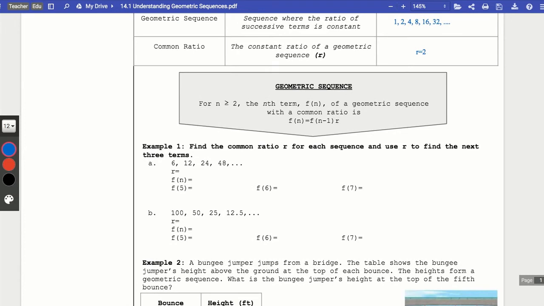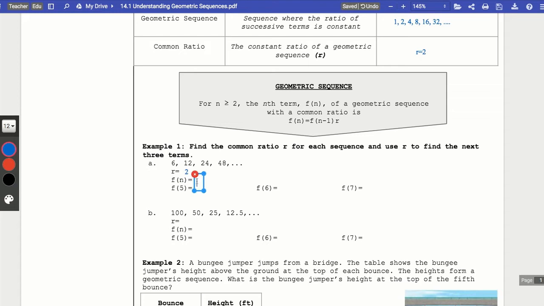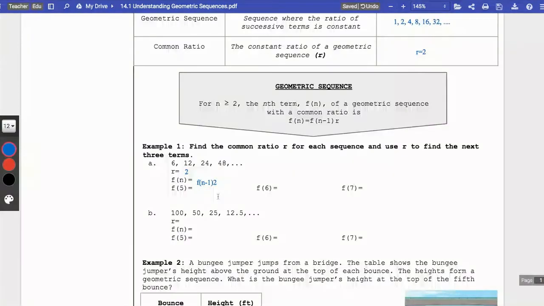So what I'm seeing, and hopefully what you're seeing too, is that this is multiplying by 2 each time, right? 6 times 2 is 12. 12 times 2 is 24. 24 times 2 is 48. So in this case, my common ratio is just 2. So then f of n is equal to f of n minus 1 times the common ratio, 2. So it's that simple, f of n minus 1 times 2.